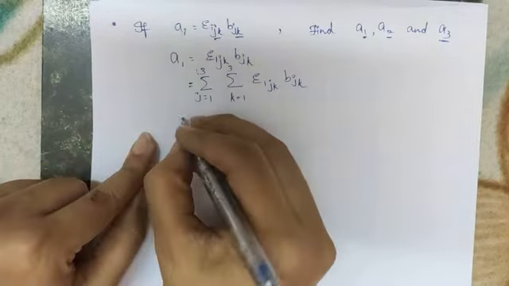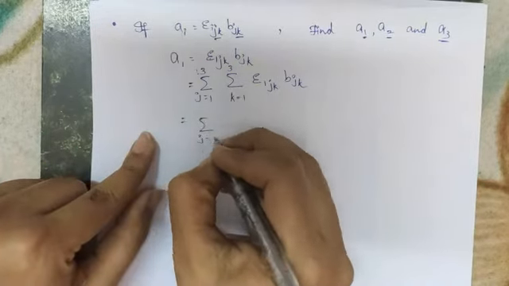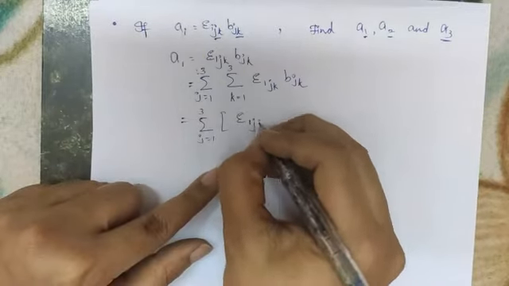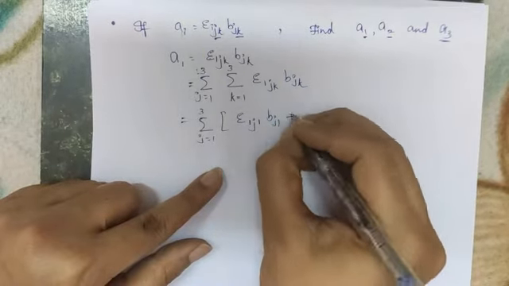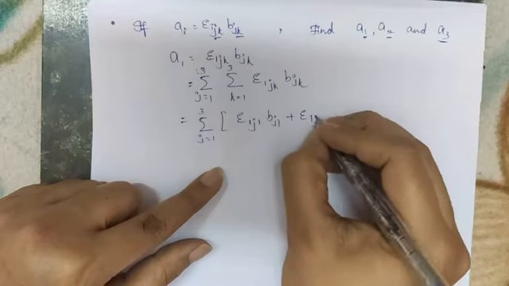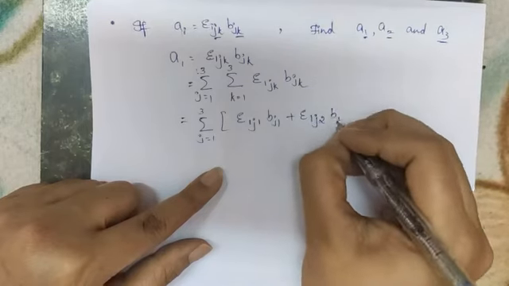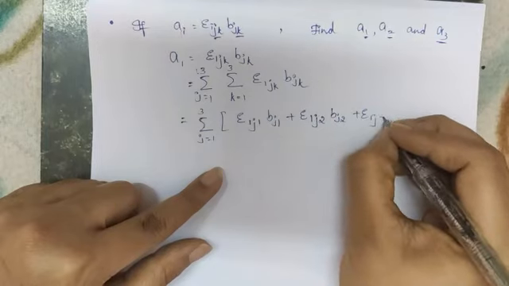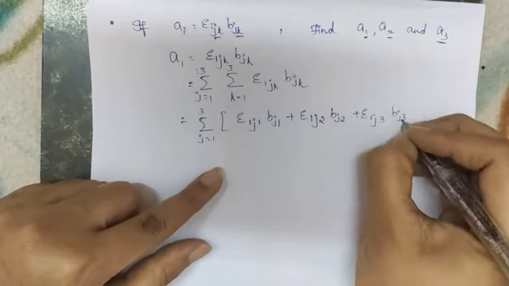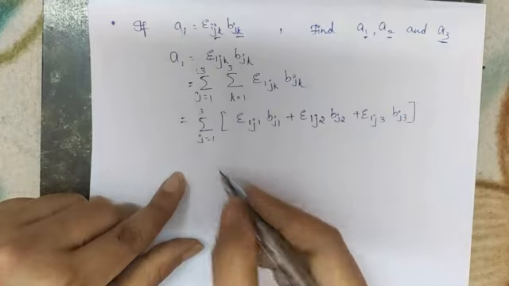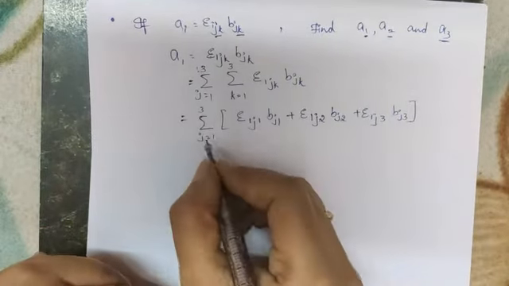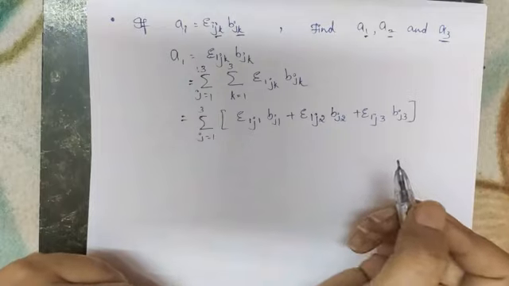Expand over k first, you will get summation j is equal to 1 to 3, epsilon 1j1 bj1 plus epsilon 1j2 bj2 plus epsilon 1j3 bj3. Right? So now I have to expand these 3 terms separately over j is equal to 1 to 3.